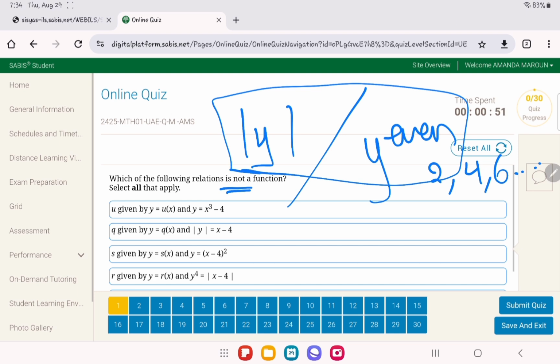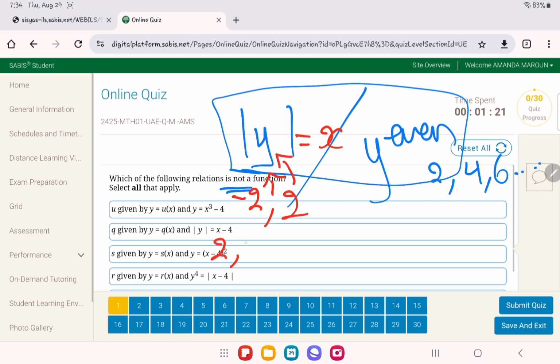Let me explain a bit further why. Let's say we have y as minus 2 and y as 2 in the absolute value form. If that's the case, we're going to get x. So the absolute value of 2 is 2.